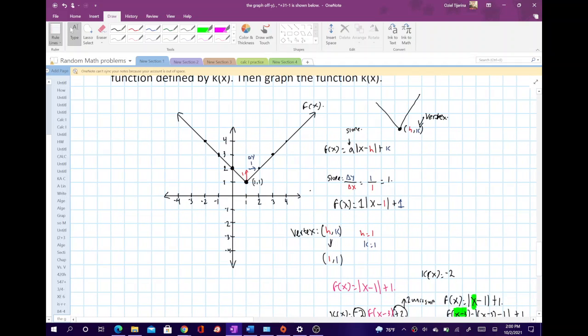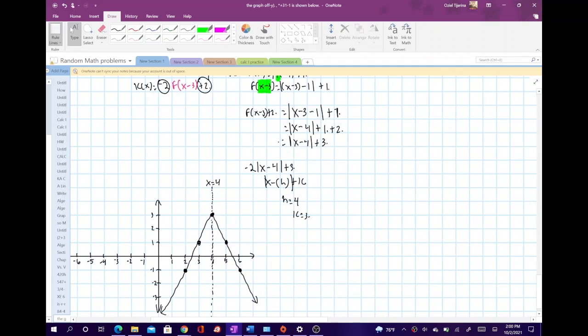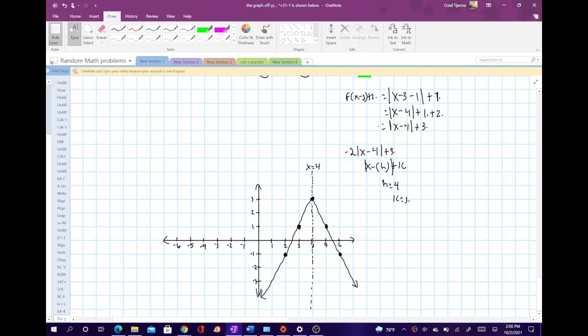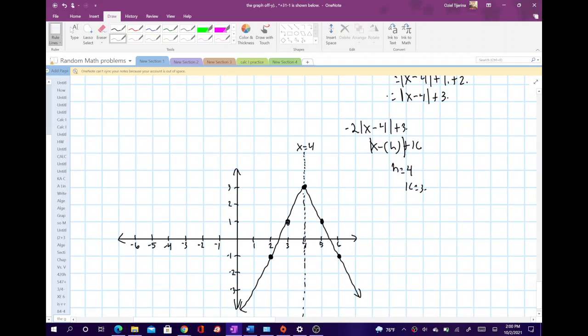And so this would be the graph of your absolute value equation given the transformation that they gave us in this problem, where the vertex is at 4, 3, and it is pointing downwards, and the slope is negative 2, and then to the right 1.